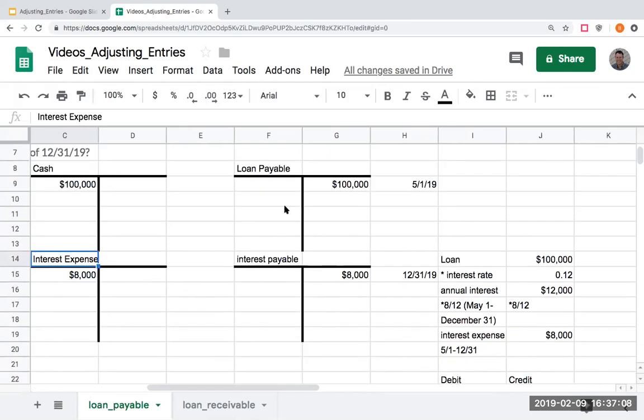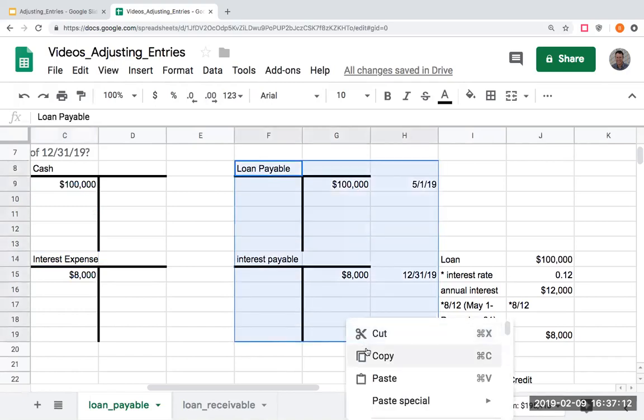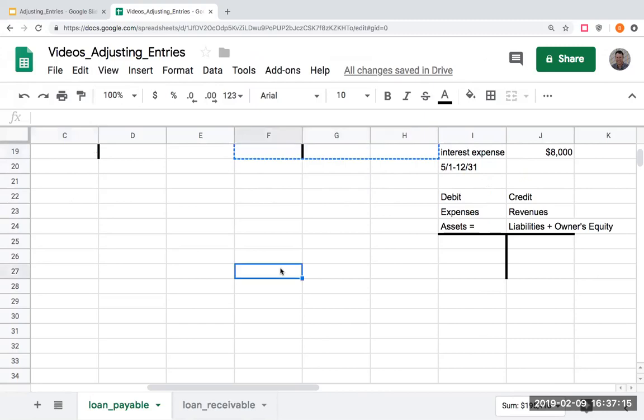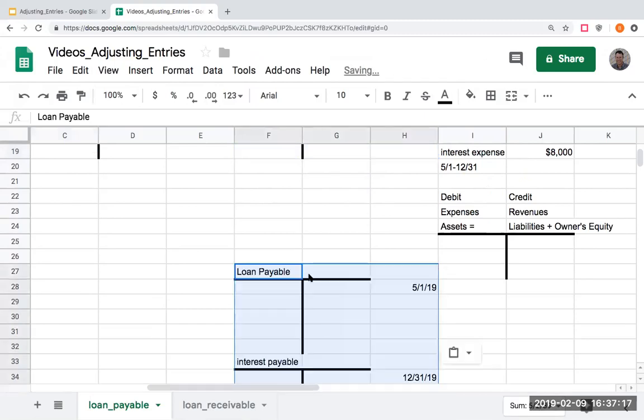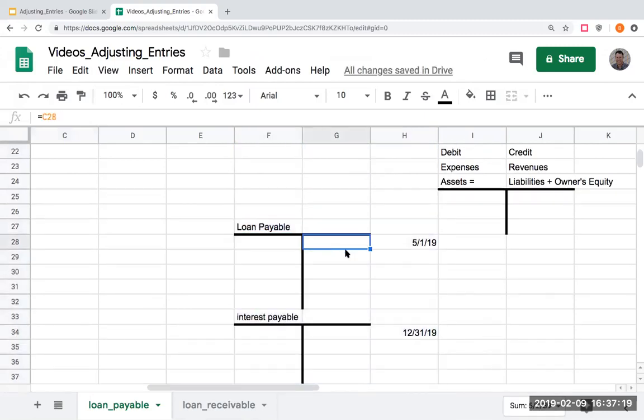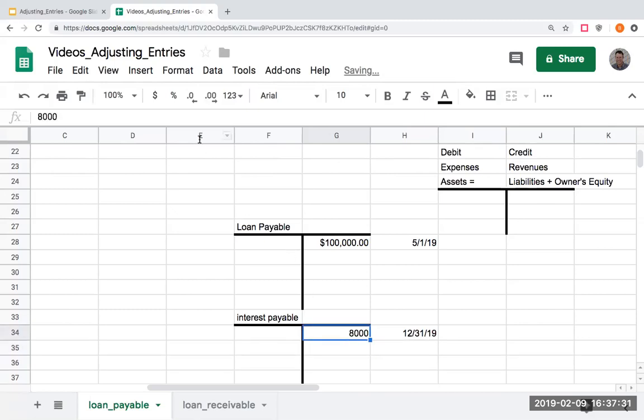So when I go ahead here and look at this, and I kind of say to myself, okay, what's going on April 30th, 2020? Well, I still have my loan payable for $100,000. And at the same time over here, I have my interest payable for $8,000.